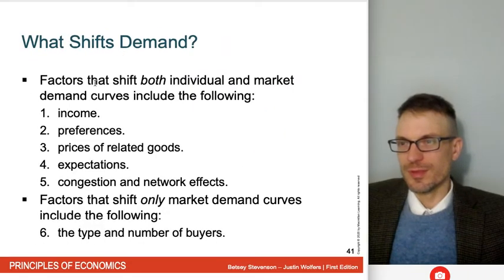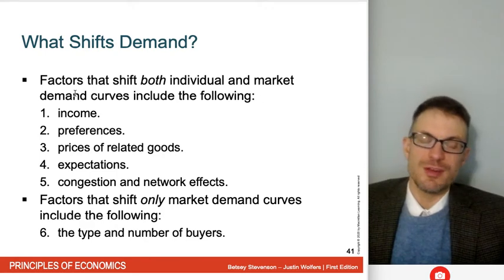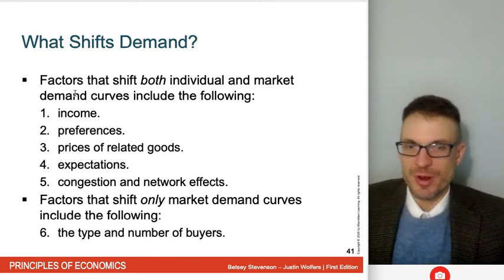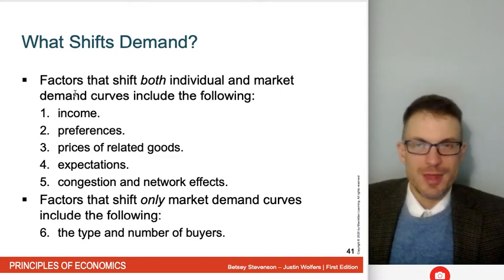Okay. What shifts demand? Well, factors that shift the individual and the market demand curve are things like income, preferences, prices of related goods, expectations, congestion, and network effects. So network effects, that's just a situation where the demand for the good is dependent on how many other people are on the network, right?